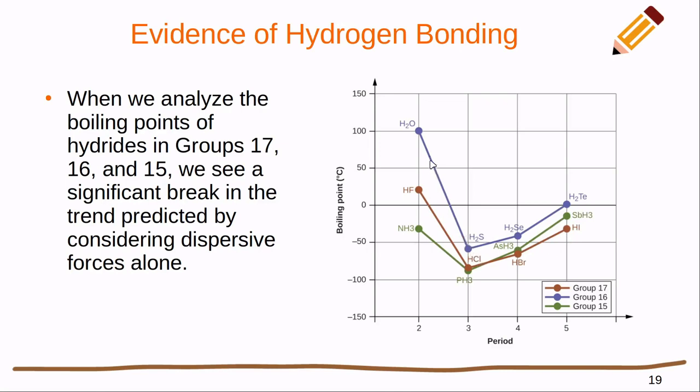Yet all of a sudden, when we get to the lightest ones with water, HF, or ammonia here, we see a really large increase in the boiling point, even larger than the heaviest of these atoms. And that is due to the strong effect of the hydrogen bonding that's occurring and holding those water molecules or HF molecules together.